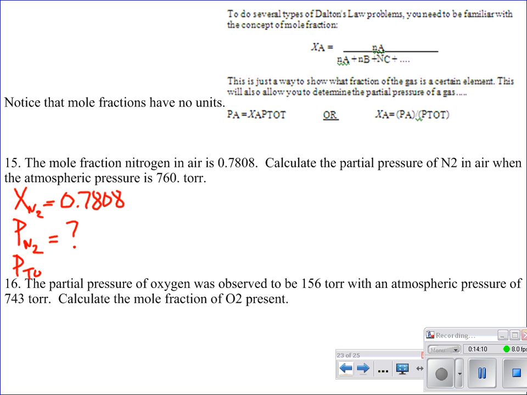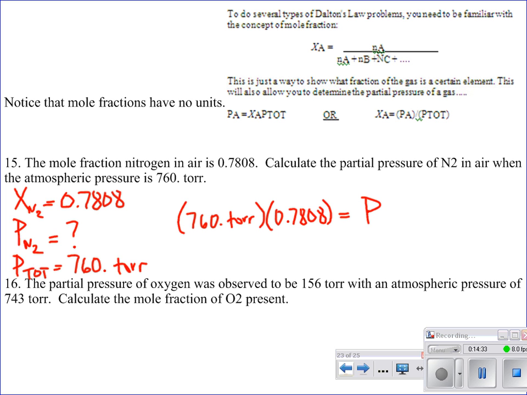P total, exactly. There you go. So that's where we can use our little mole fraction situation. We know the total pressure is 760. Multiply that by the mole fraction of the gas in question. That will give us the P of that gas, and we're only looking at nitrogen.